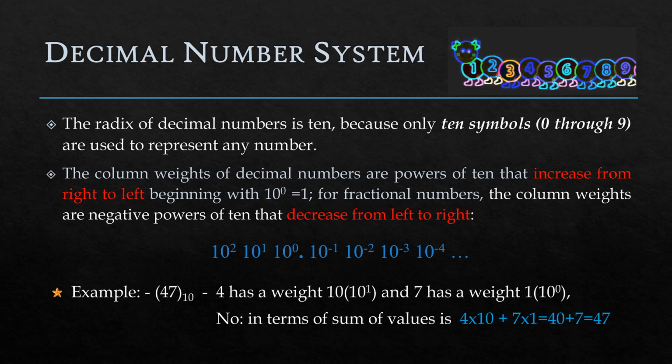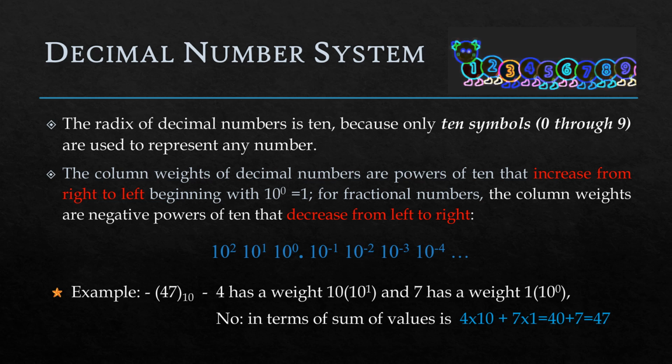For example, if you want to represent 505, can you tell me how we can represent it in the sum of values form? 505 is equal to, the rightmost 5 can be represented using the positional weight 10 power 0.